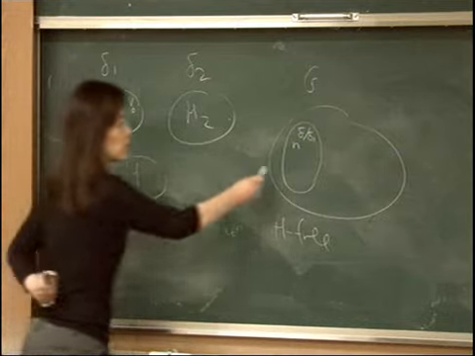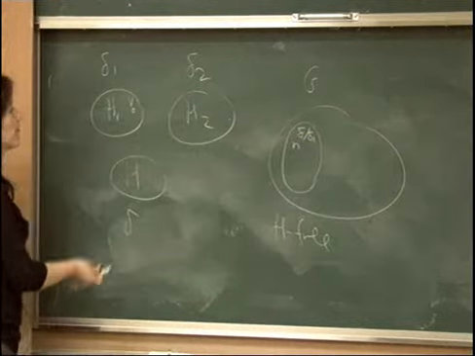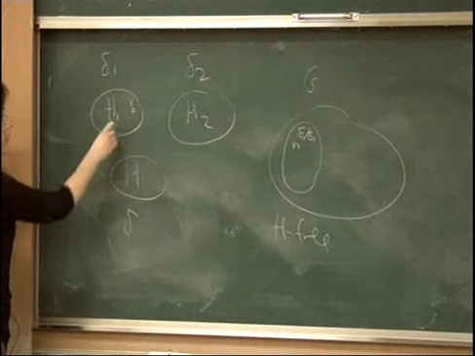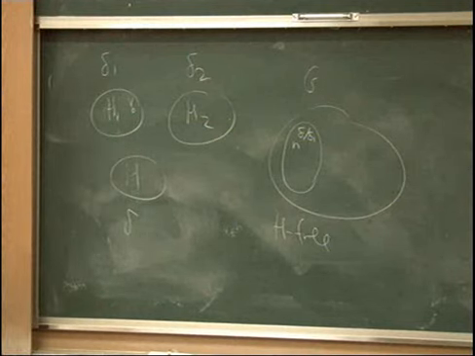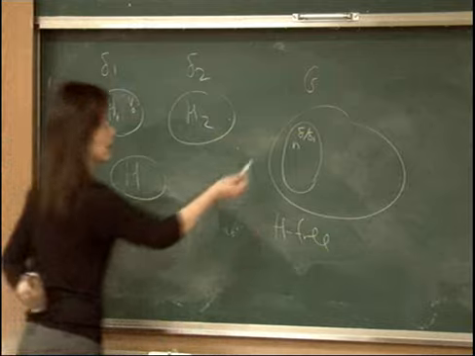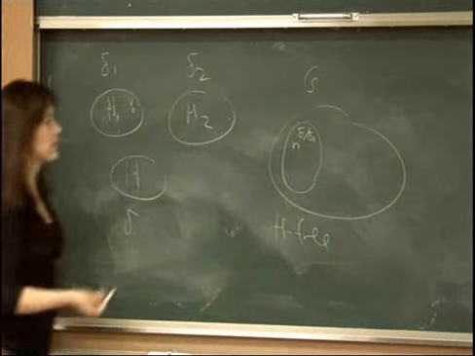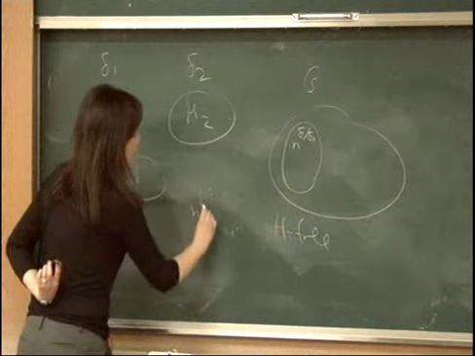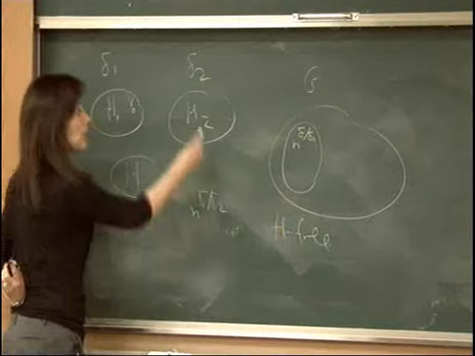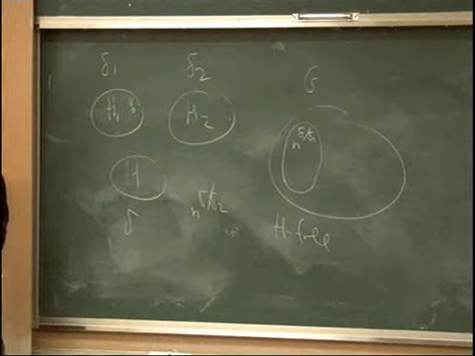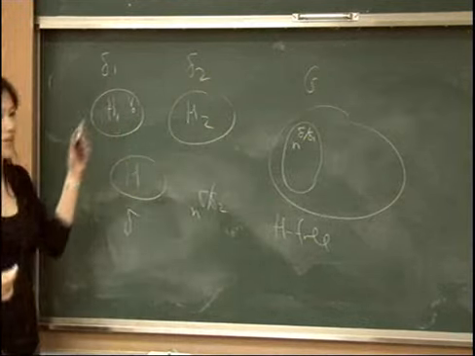Because suppose this subgraph did not have a copy of H1. Well, let's just apply what we know about H1: there would be a clique or a stable set of size n to the delta here, and I'm happy. And similarly, if I have a subset of size n to the power delta over delta 2, then I must contain H2. Okay, so now you count. So this tells you there are lots of copies of H1.